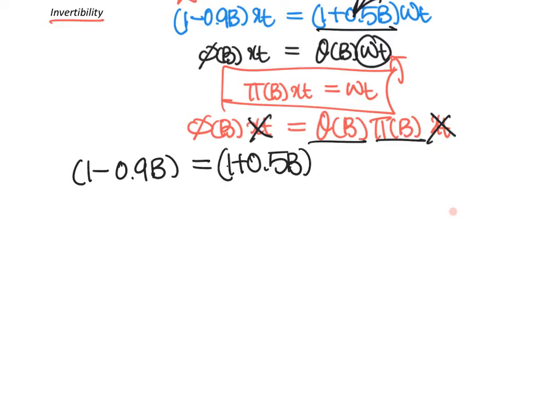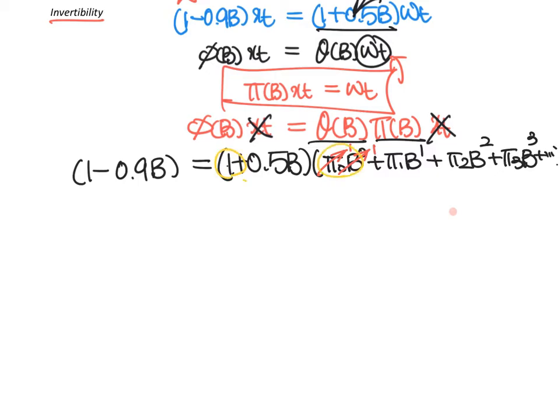And now let me multiply by pi B, which will be pi 0 B^0, pi 1 B^1, pi 2 B squared, and let me write one more, pi 3 B cubed, and so on forever. So now let me make the multiplication. As you know, pi 0 was 1, and the power 0 is 1 again. So with the 1 and 1, it will be 1.